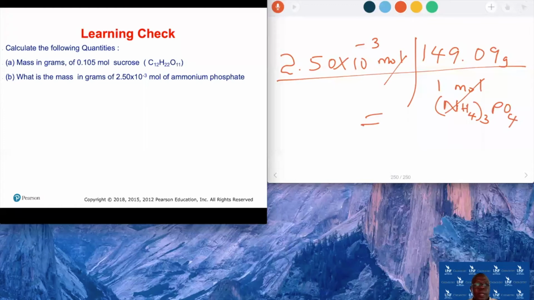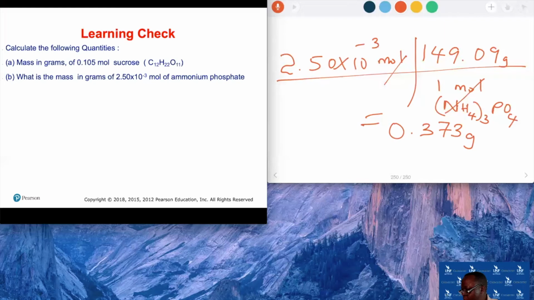So if you are given the moles, we use the molar mass, whereas in the first one we used atoms. For these moles, it will be 2.5 times 10 raised to negative 3 times 149.09, and that is 0.373 grams. You got this? Yes.